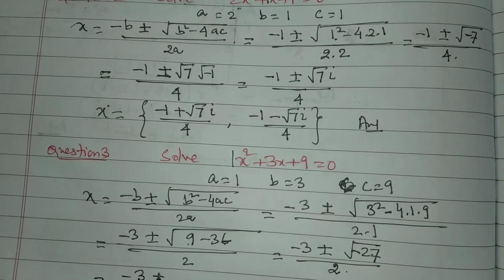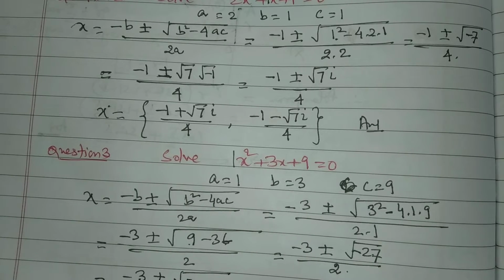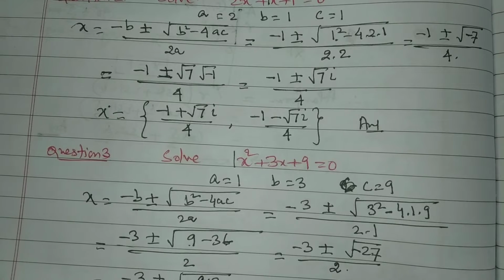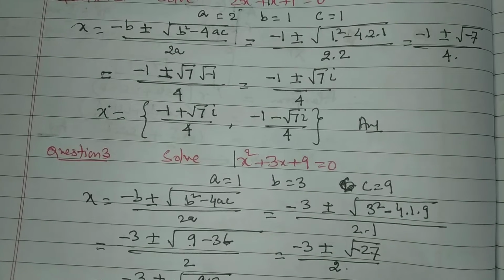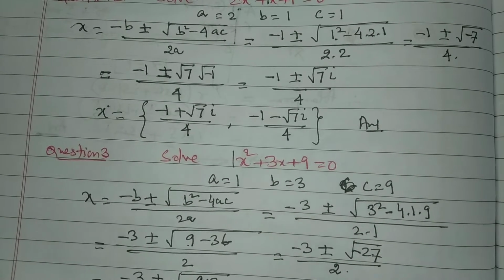Now minus 27 can be written as minus 9 into 3, divided by 2a. So it is minus 3 plus minus 3 root 3 into root under minus 1 will come, because this is minus.